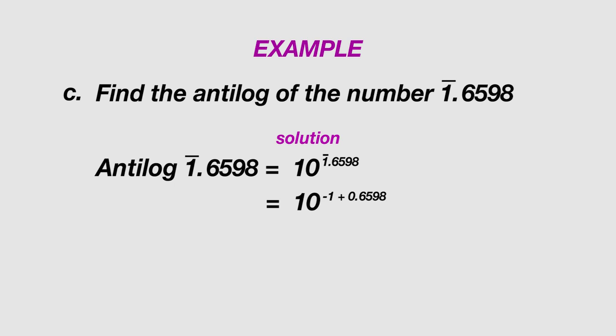Now we have to work the exponent, and that gives us negative 0.3402. So you enter 10 raised to the power negative 0.3402 in the calculator, and it gives you an answer 0.4569. And that is your answer. I hope you understand this. You can try a few numbers using the calculator yourself.